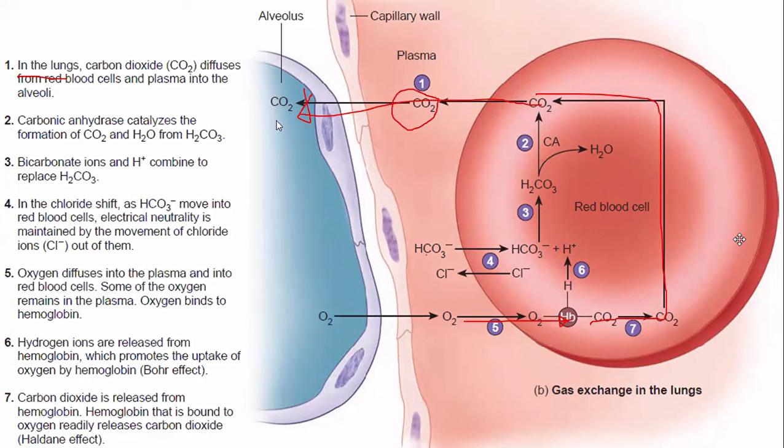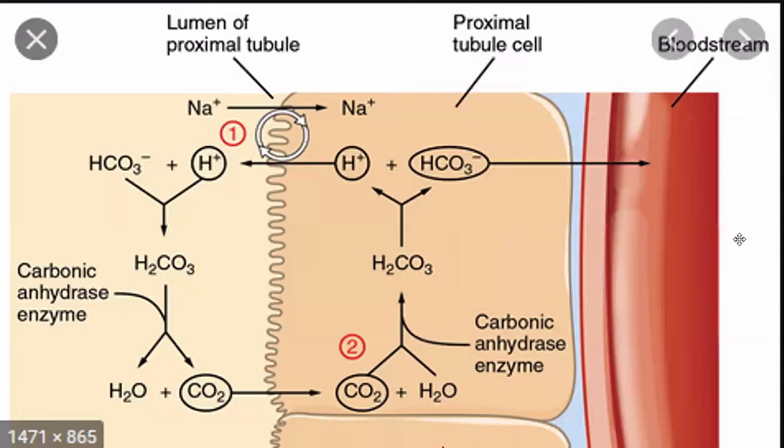Okay, so how does it develop that you have the tendency to become alkalotic if you have more carbon dioxide that's being removed? Okay, so this is how it goes. So for example, doctors, okay, look at this.